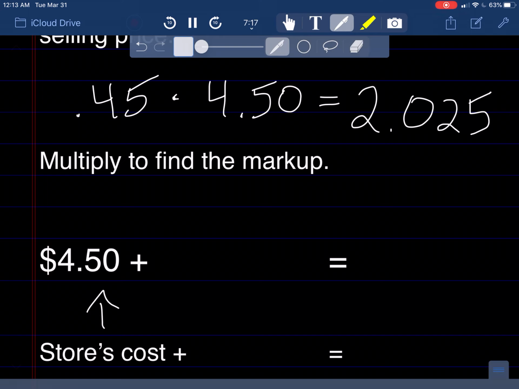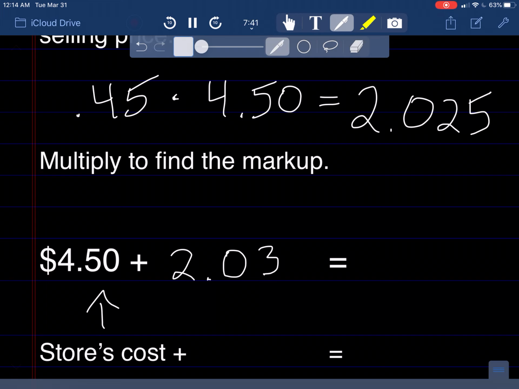Now again, we have to round because 0.025 is too much for change. So we're going to look at that 5, and we're going to round up. So if there's a 5 next door to it, it should become, hopefully you said it, 2.03. So we're going to add $4.50 to $2.03.